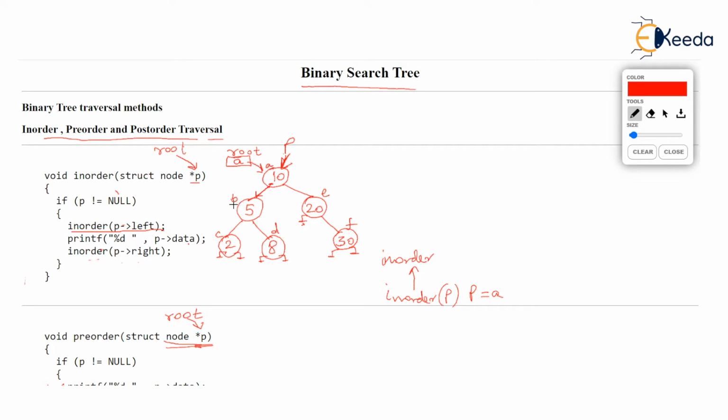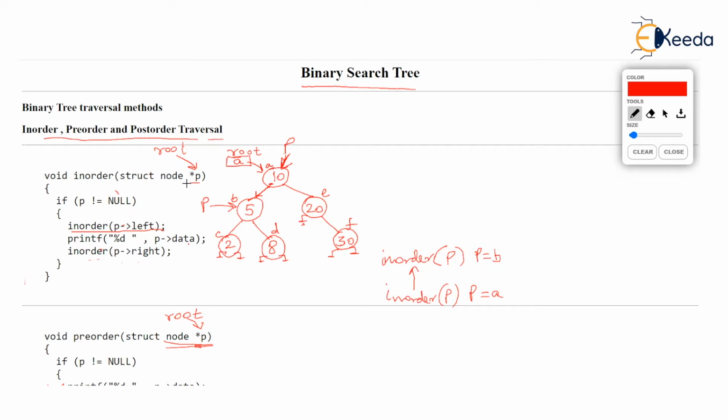So the parameter P in the in-order call is now going to change, and pointer P is now going to store address B. I hope you got this. So in the memory, there is a pointer P again, and it points to the address B. Please stay with the fundamentals of pointers and recursion.